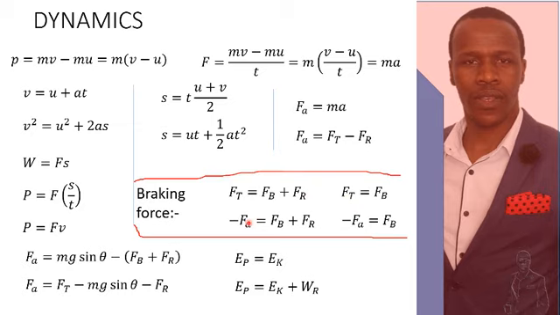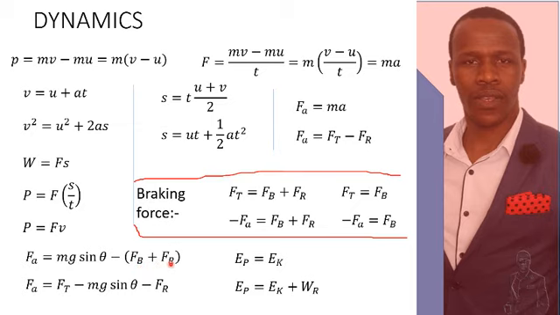Then if we have FA and FR and we do not have FT, then the braking force will equal minus FA minus FR. And if there is no FR, obviously it will just be negative FA. So that's what we have when it comes to the braking force. I hope it makes sense.